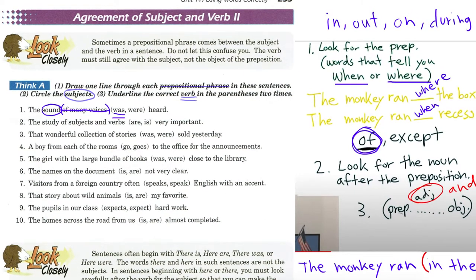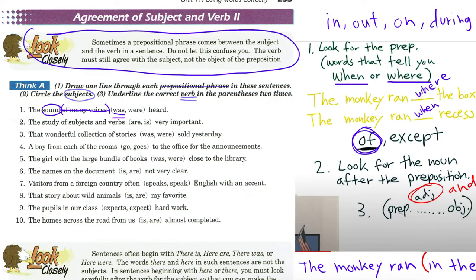The reason why we're doing this type of problem is because, look closely up here. It says sometimes a prepositional phrase comes between the subject and the verb in a sentence. Do not let this confuse you. The verb must still agree with the subject, not the object of the preposition.